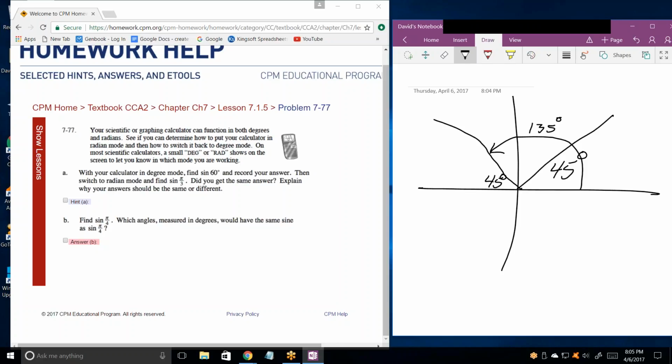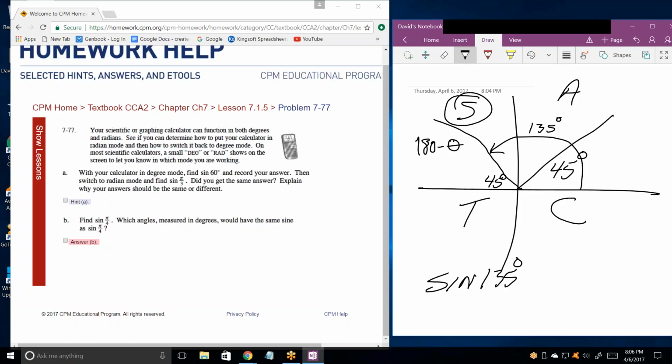In the second quadrant, we do 180 minus theta to find the equivalent angle. And we know all students take calculus, so sine is positive in the second quadrant. Therefore, the sine of 135 degrees equals the sine of 45 degrees.